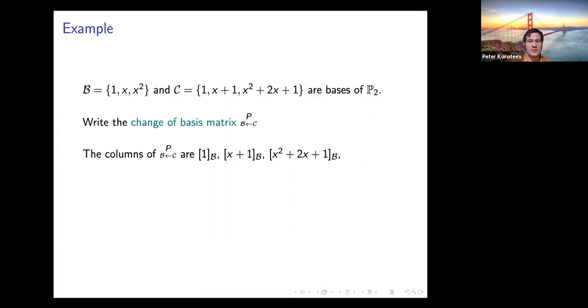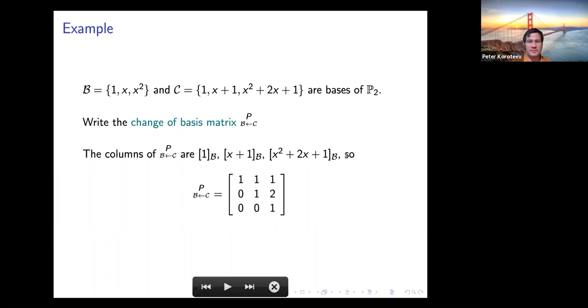Well, the columns of this linear transformation on the change of basis will be the images of these three vectors under the basis B, right? So it's 1 sub B, x plus 1 sub B, x squared plus 2x plus 1 sub B.